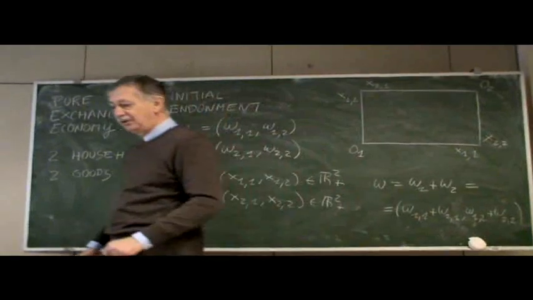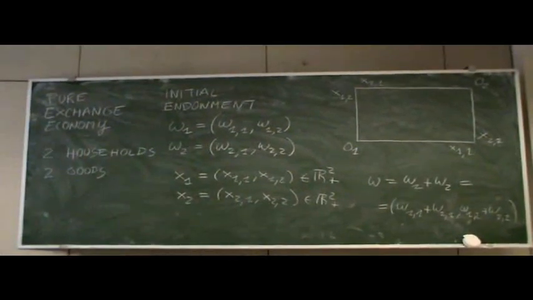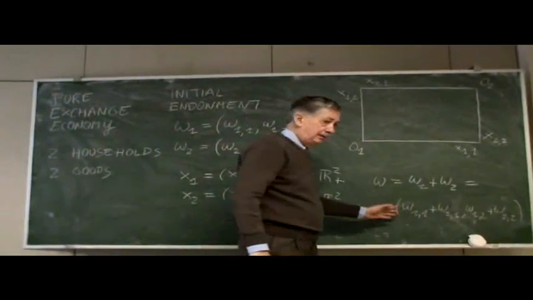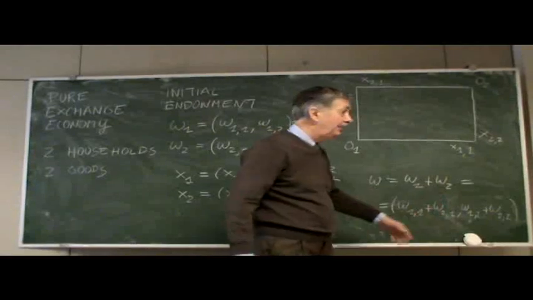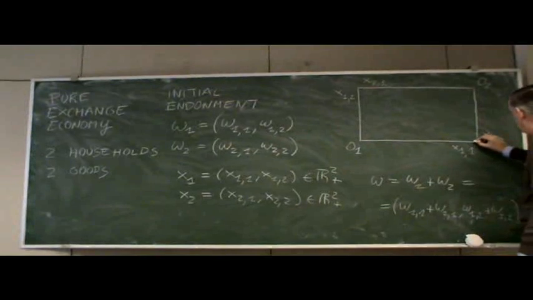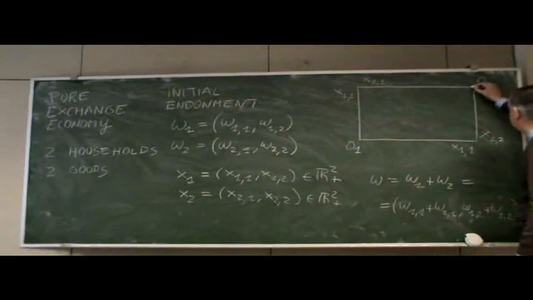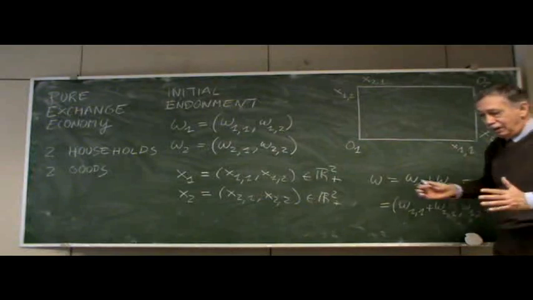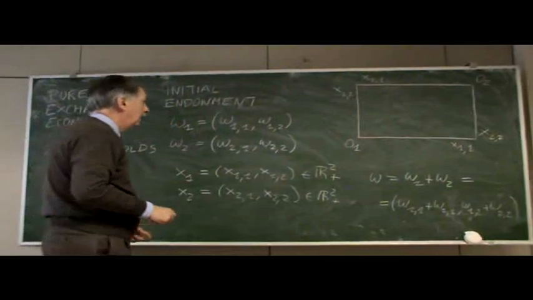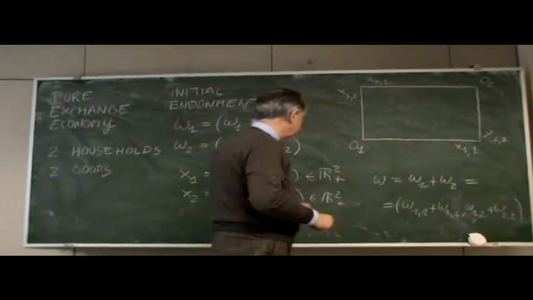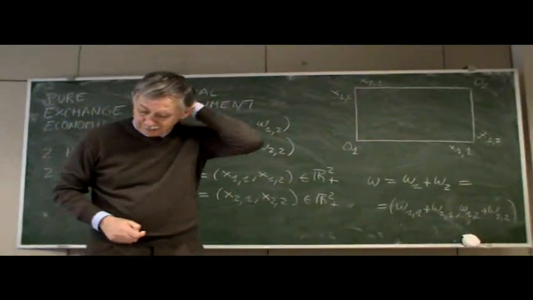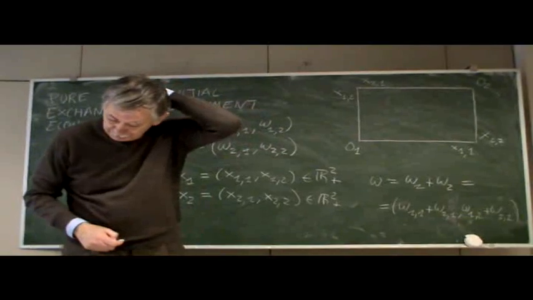The total available resources of our consumers. So, to speak, if, for example, the total available resources of good one increases, then the Edgeworth box enlarges in this direction, becomes larger on the horizontal coordinate. Is it clear? It's a well-known graphical instrument of elementary microeconomics.